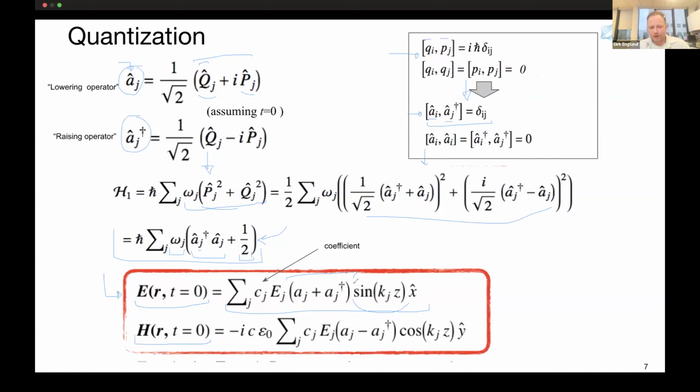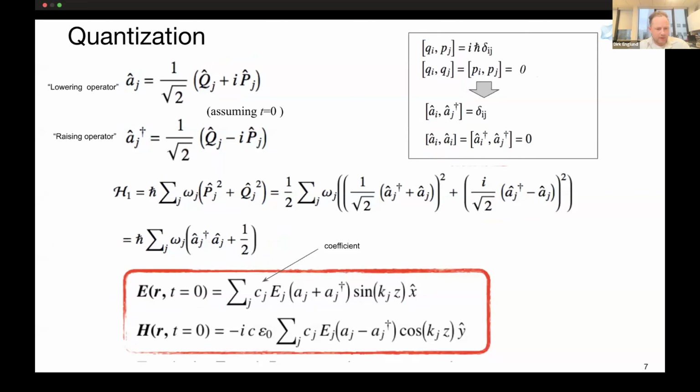The answer is there's no fluctuation, because the electric field at a node, where sine of k_j times c is equal to 0, is 0, and hence the variance in the electric field also goes to 0. However, the magnetic field there can be non-zero, and thus the variance in the magnetic field can be non-zero. So you can derive all this from these forms of the electric and magnetic field operators.